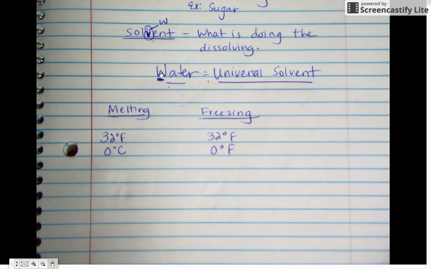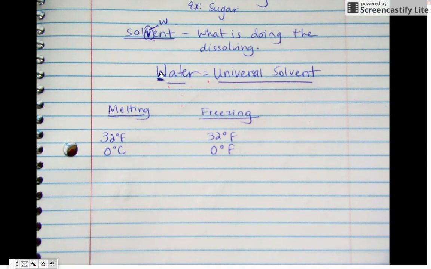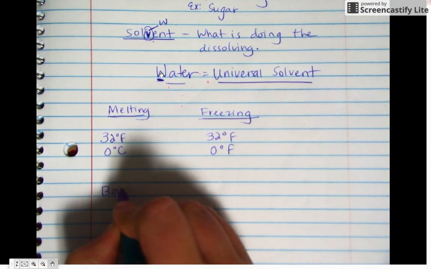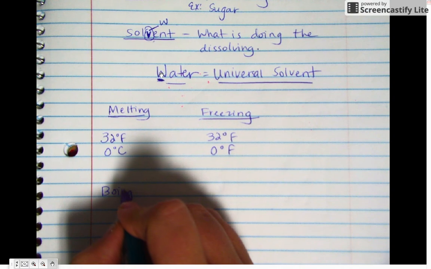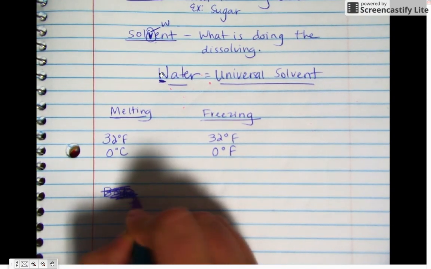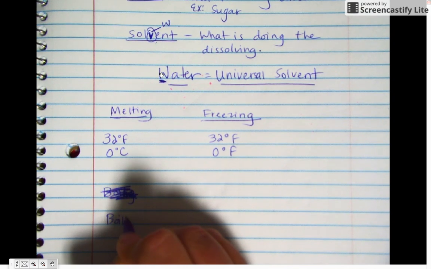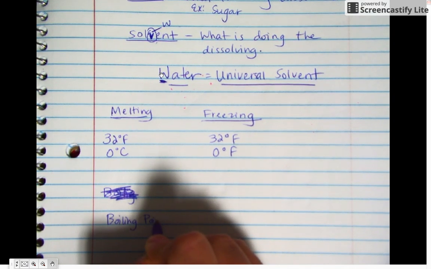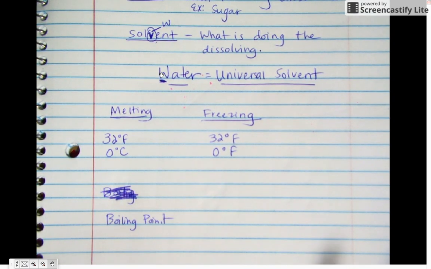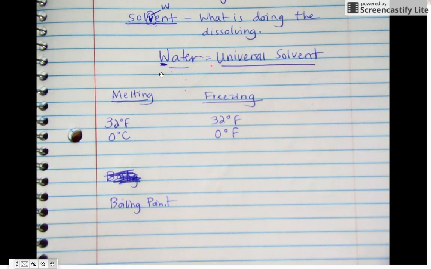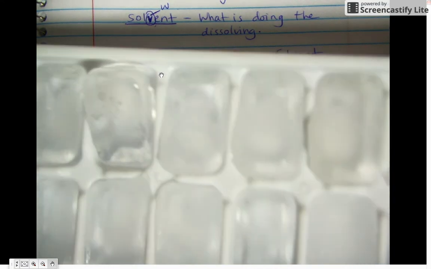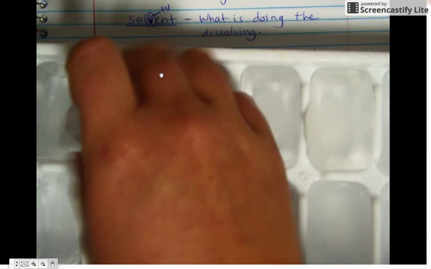Next, melting and freezing point, okay? And then we're going to be looking at boiling point. Ooh, it would help if I could spell. Let's start right here. So remember my melting and my freezing. If I've got this ice tray right here, and I take this piece of ice out of it.